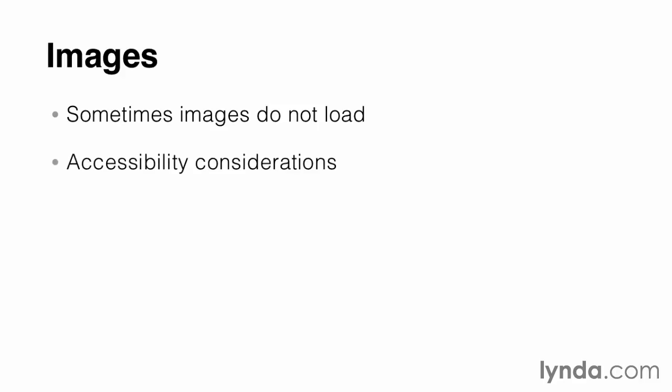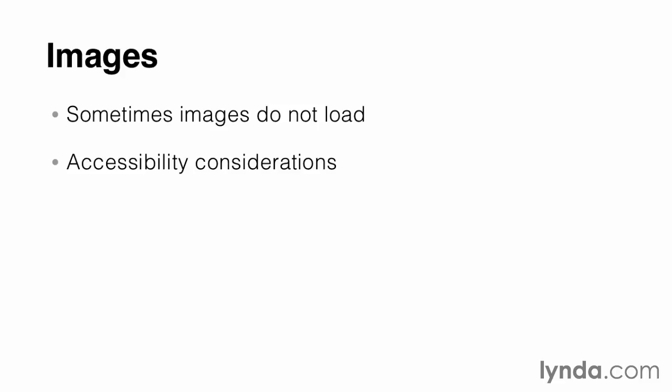And also, simply because the images might not load, but if they do load, people that are using accessibility-based devices still do not see the images. People using screen readers or other types of accessibility software may not see the words that are contained in the image.